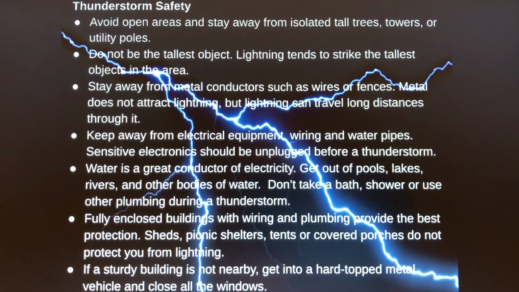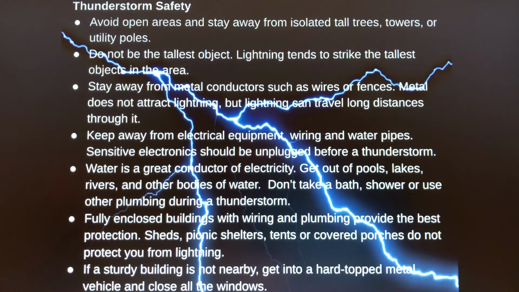So if you don't learn anything else from me this school year, this is the most important thing you need to learn. Because no matter where you go on Earth, you are going to encounter thunderstorms. And thunderstorms can be deadly. So always avoid open areas and stay away from isolated tall trees, towers, utility poles.